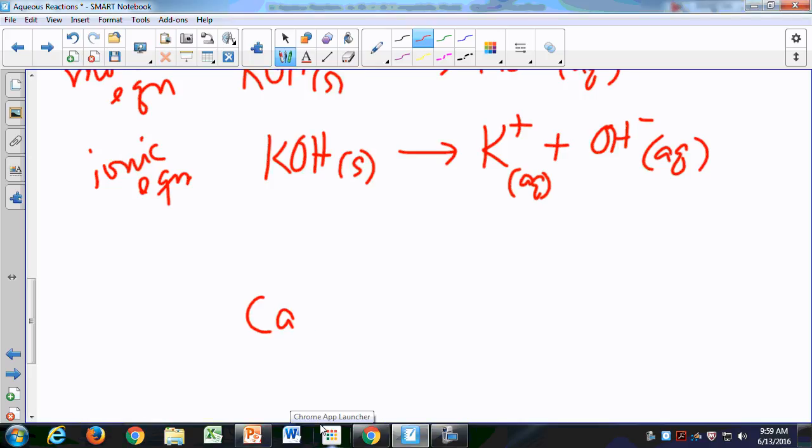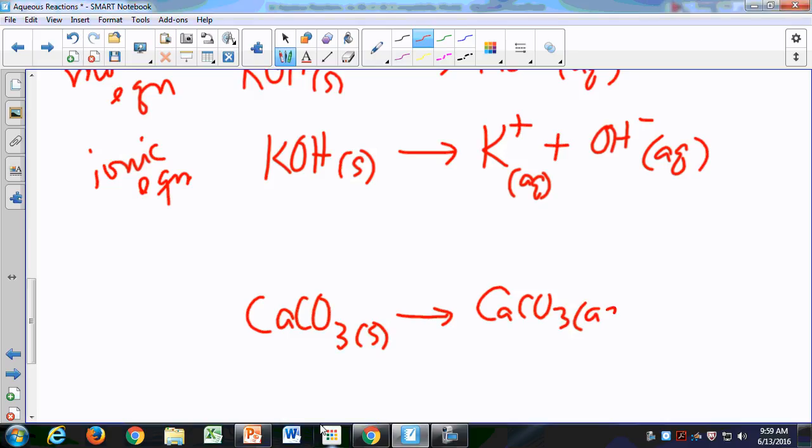Calcium carbonate solid yields calcium carbonate aqueous. And what we do to emphasize the fact that it's not soluble is to draw that double arrow, or to be more consistent with the way it's done in textbooks, a right harpoon over a left harpoon. So that's the molecular equation.